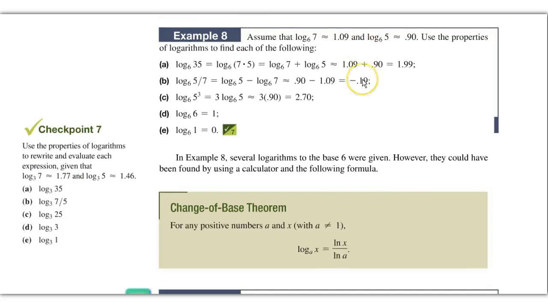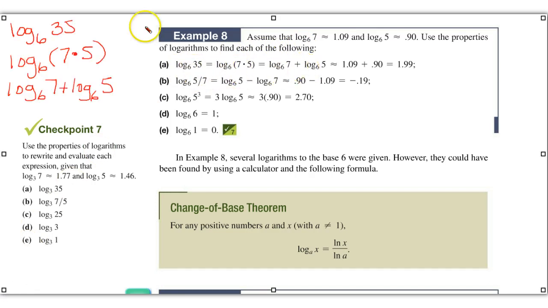Now, for example 8, they want you to assume that log base 6 of 7 is approximately this, and log base 6 of 5 is approximately that. They want you to use these properties of logarithms to find each of the following. The log base 6 of 35. And this is written clearly, but let me just go over it here on the side.